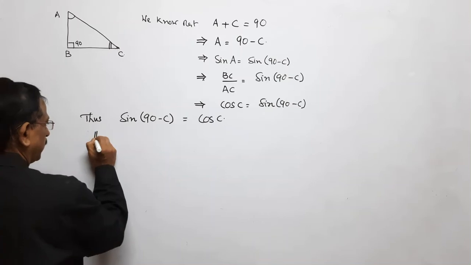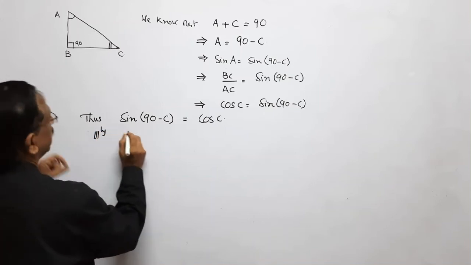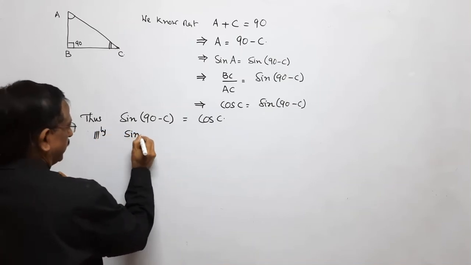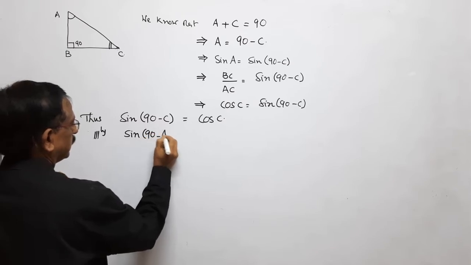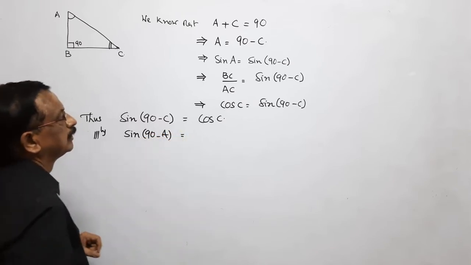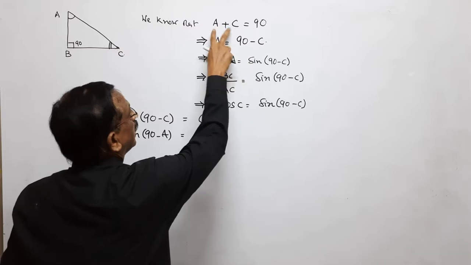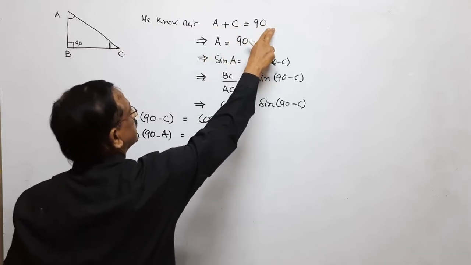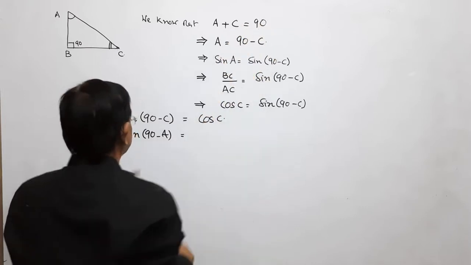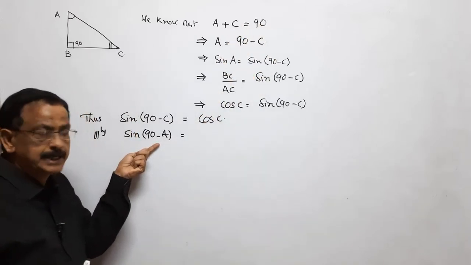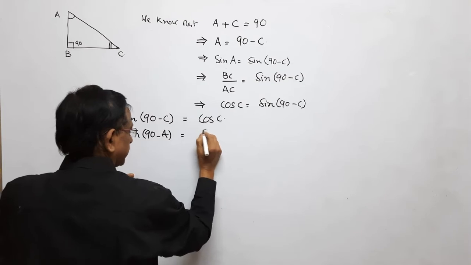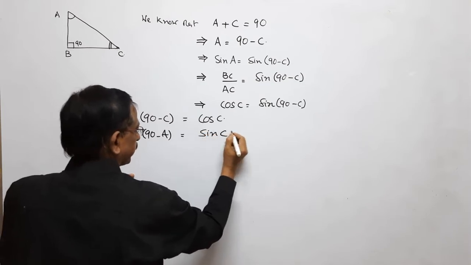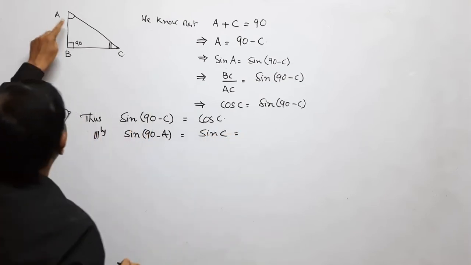In a similar way, I can write down sin 90 minus A. Look at this. A plus C equal to 90, so C is equal to 90 minus A. Sin C is sin 90 minus A, so sin 90 minus A is sin C. What is sin C now?